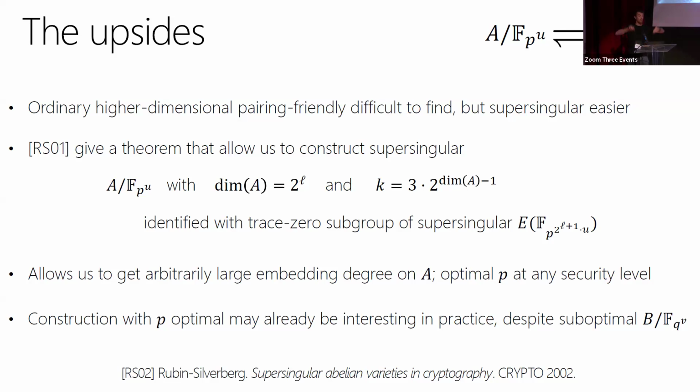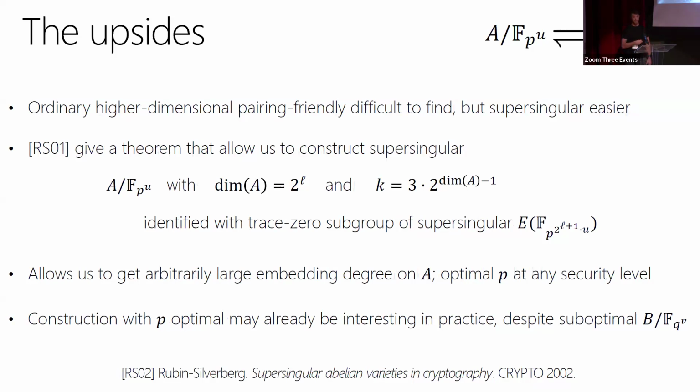There's a special subgroup that they look at called the trace zero subgroup of this elliptic curve over the extension. And that allows us to construct an abelian variety of dimension that's exponential in the degree of the extension we take here. So we know that the arithmetic grows drastically as the dimension goes up.